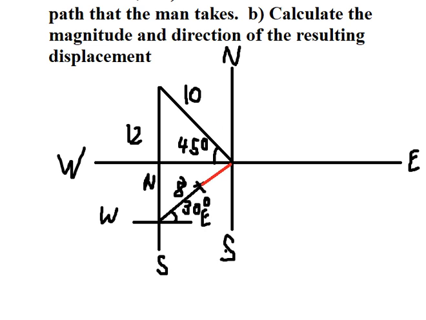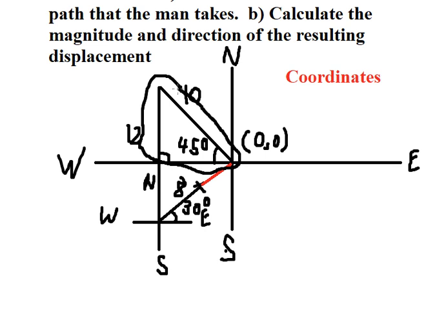In this one, we can use coordinates. At the beginning, we know that this location in here is about (0, 0). At the next one, we go 10 miles in here. So we need to find this point in here. We know that this is about 45 degrees. We also know that this one is about a right triangle.